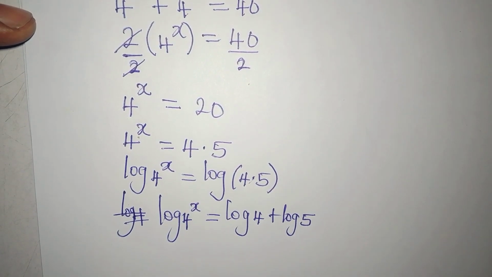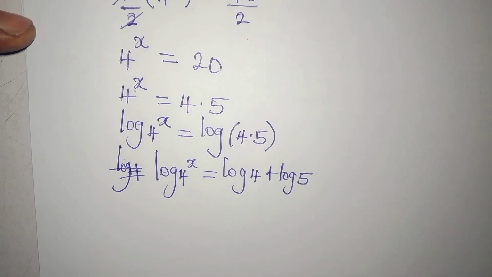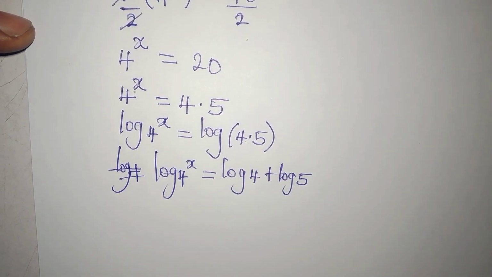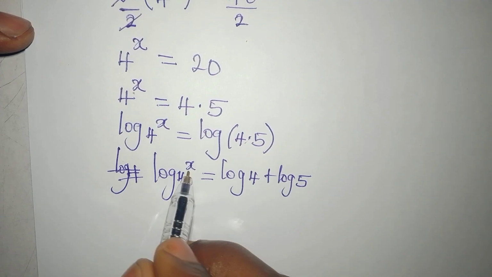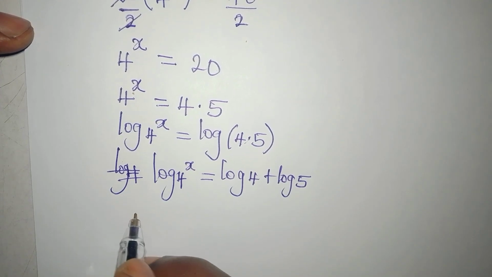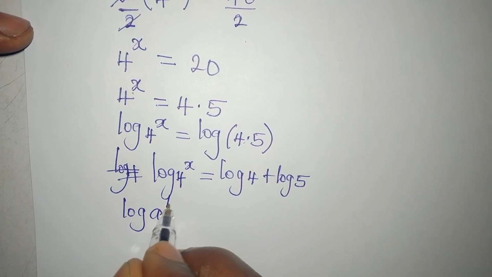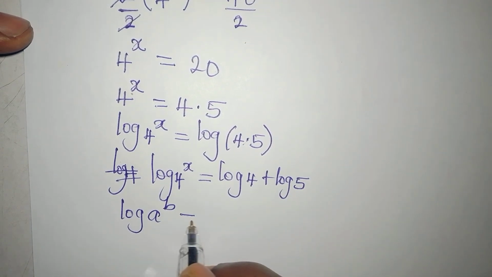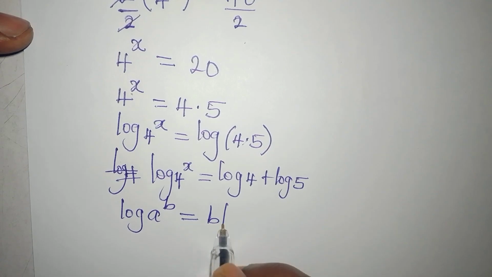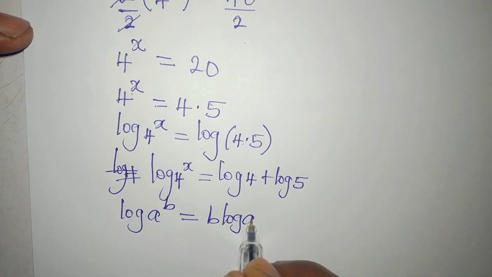So if you are multiplying, you add the logs. Then another step is that the power here will go behind, because if you have log a to the power of b, it is the same thing as b log a.